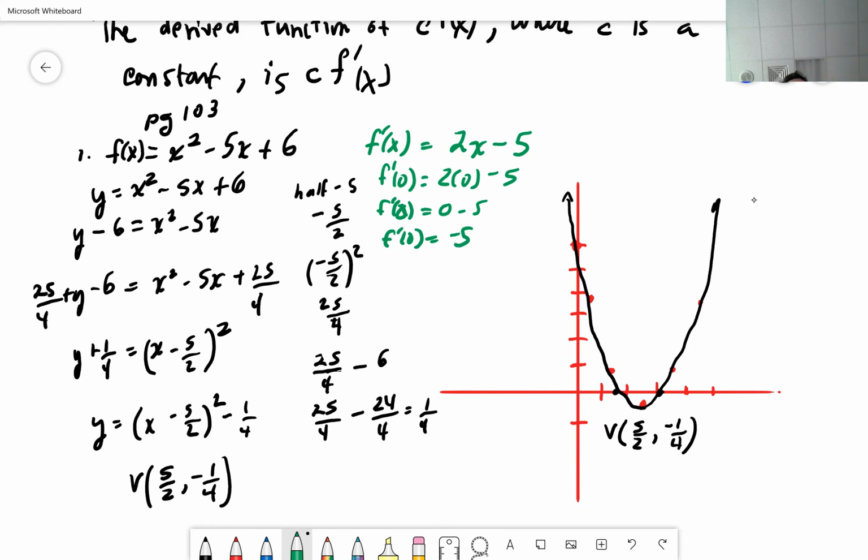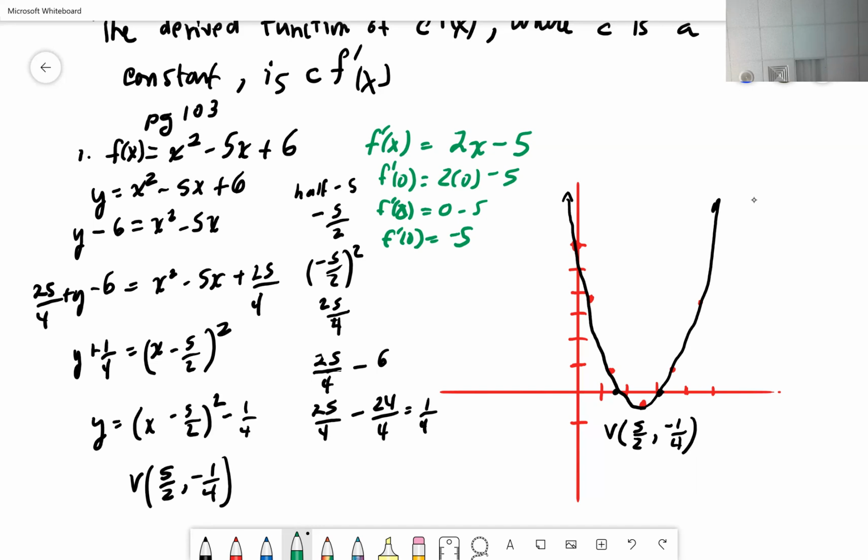What does that negative 5 mean? The derivative gives you the slope of the tangent line. So is that slope negative 5? It means it's pointing downward, right? Agreed?